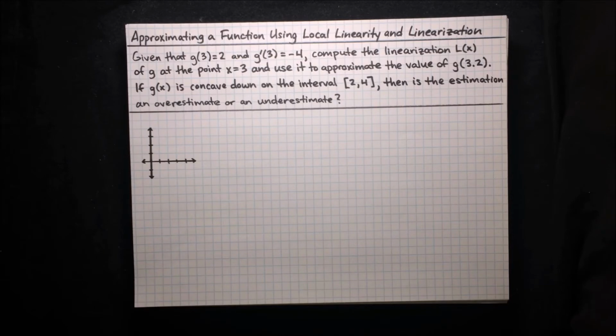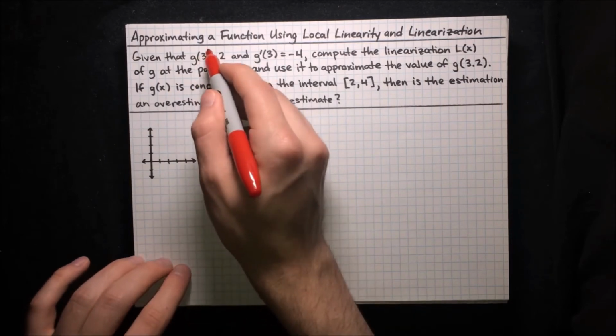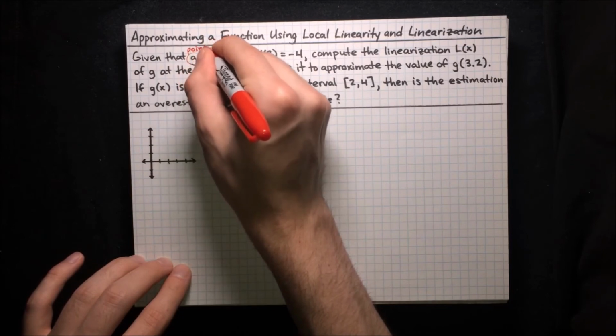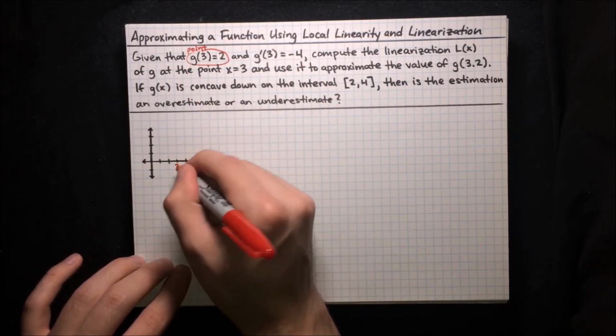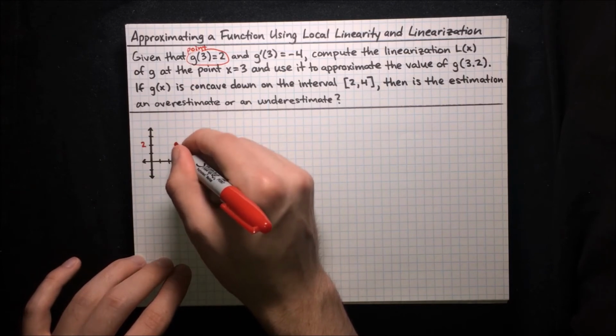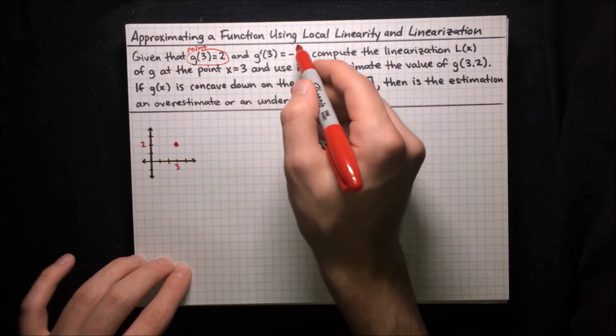Let's compute the linearization. But before we do that, let's draw a little graph so we know what's going on here. First of all, we have that g of 3 equals 2. That's a point: x equals 3, y equals 2. Our function g passes through that point. And we know that g prime of 3 is negative 4.